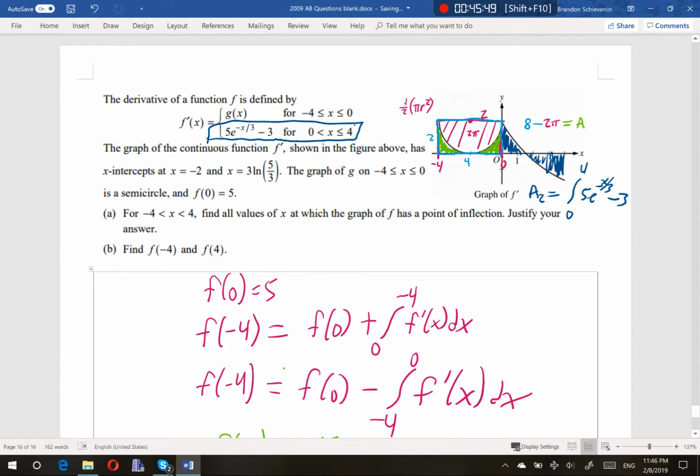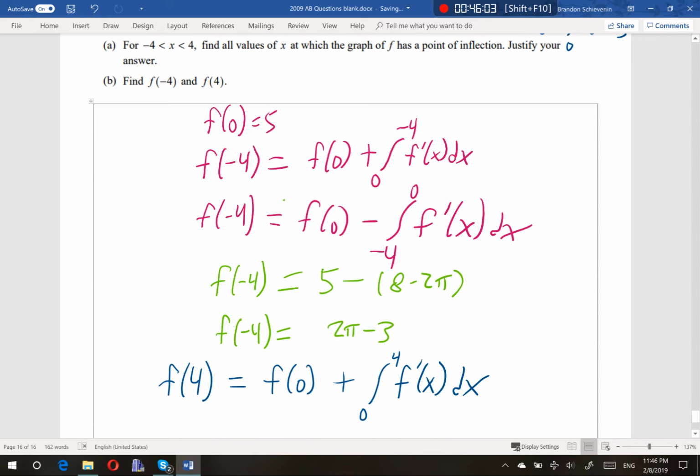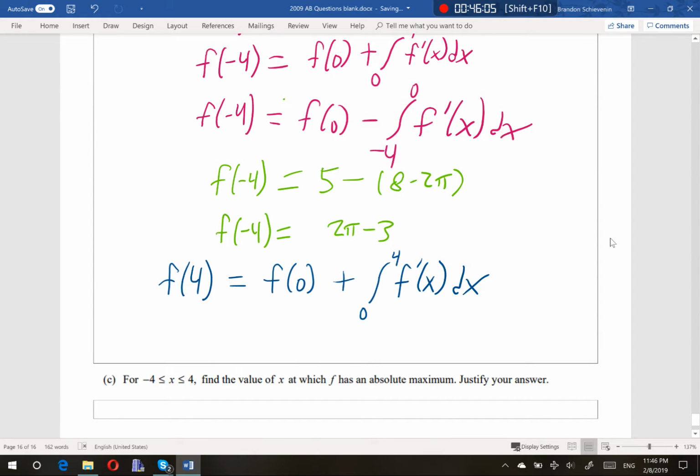Any questions on how we got the area here? Okay, so let's go ahead and plug that in. So this is the integral from 0 to 4 of 5e to the negative x over 3 minus 3, plus, we already know f of 0 is 5 from our problem again, so I'm going to pull that down.